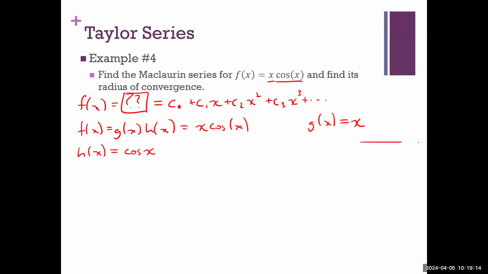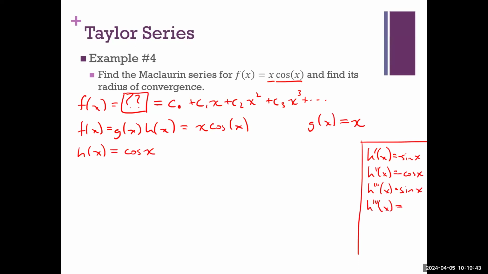So we need some derivatives, right? What's the first derivative of, not f, h? What's the first derivative of cosine x? Negative sine x. What's the second derivative? Negative cosine x. The third? Positive sine of x. And then the fourth?